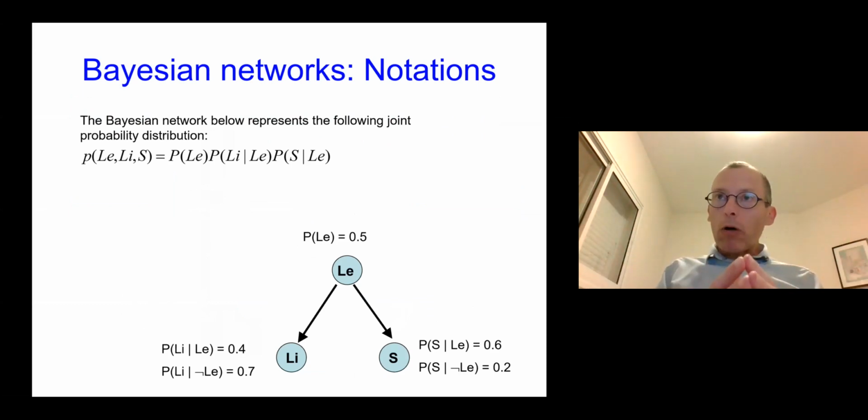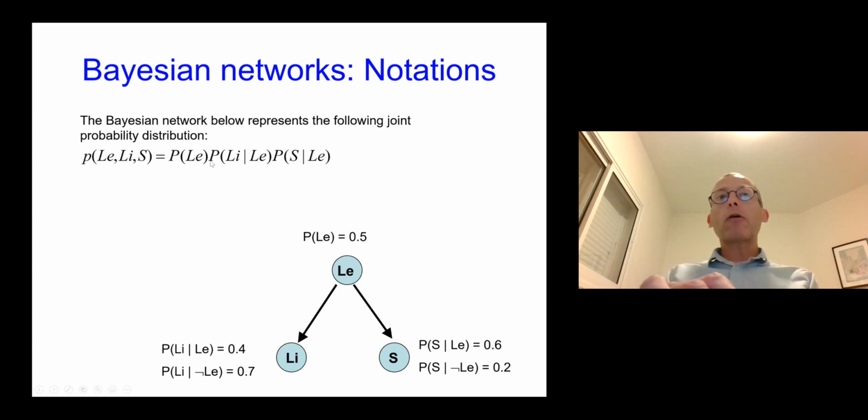In a Bayesian network, it turns out that the joint probability distribution defined by the network is just a product of the value of each node conditioned on its parents. So specifically, if we want to know the joint of three values, we have the product of each node conditioned on the value of its parents.